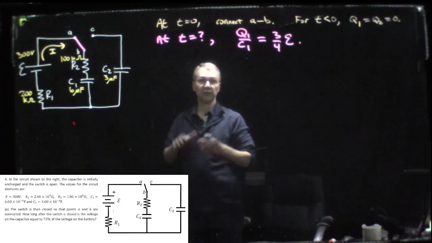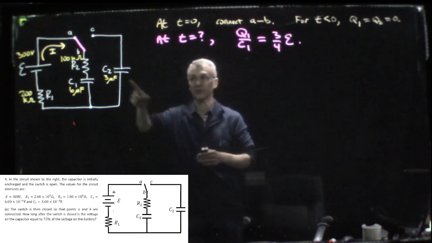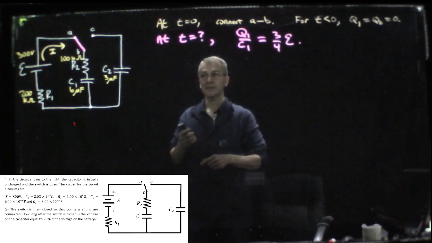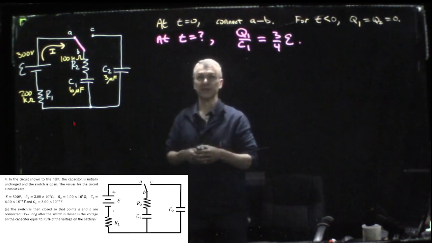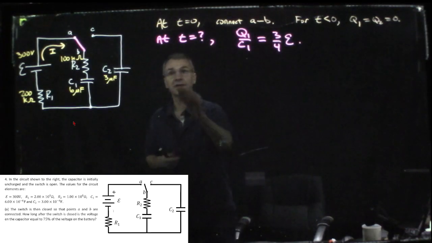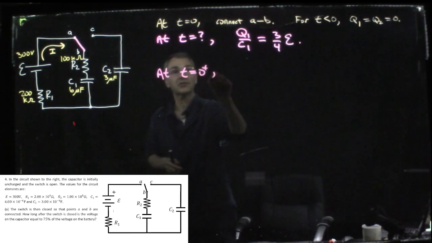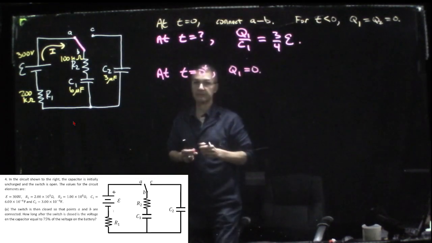Okay. Now, what do we know, like the instant after the switch is closed? I call that like t equals 0 plus. Then the charge on this capacitor is still 0. Let's write that down. So we know that at t equals 0 plus, Q1 equals 0.